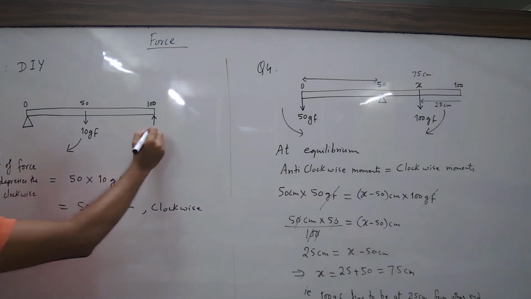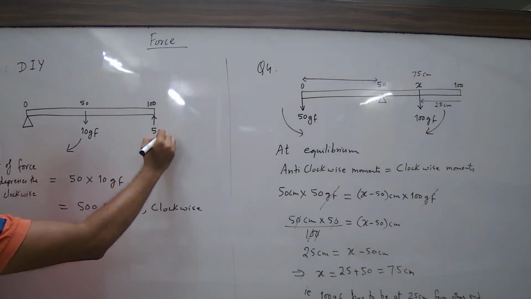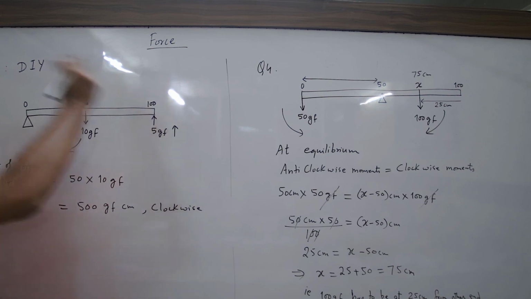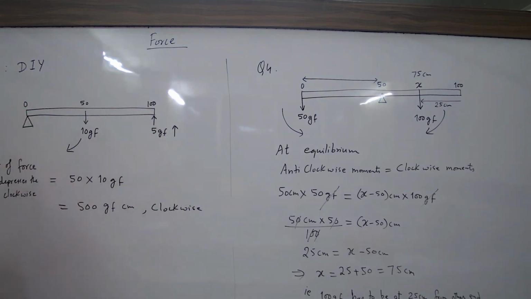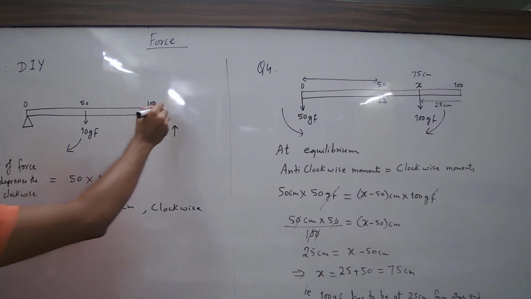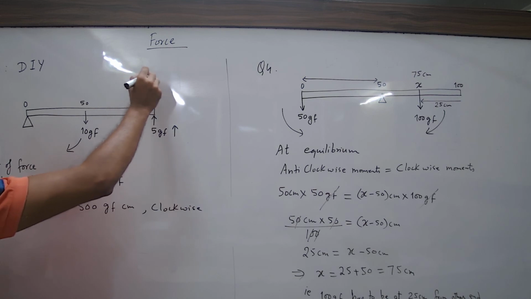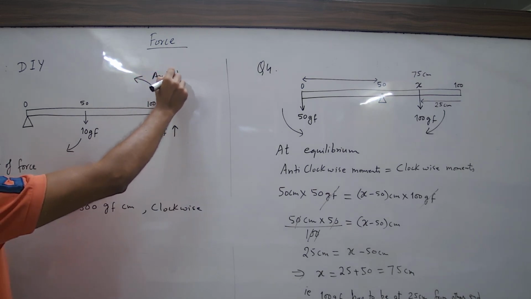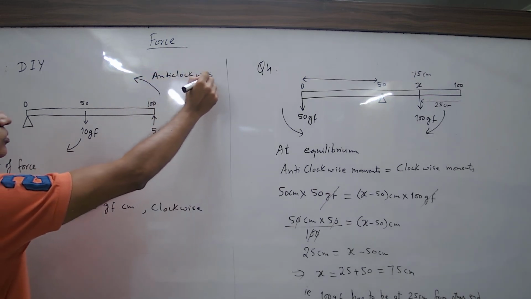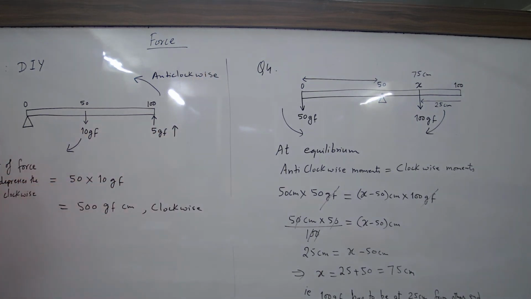So here I have to apply 5 gram force in the upward direction at 100 centimeter. Because then 5 into 100 is 500, and it will turn anti-clockwise. So this clockwise will be balanced by 500 anti-clockwise.